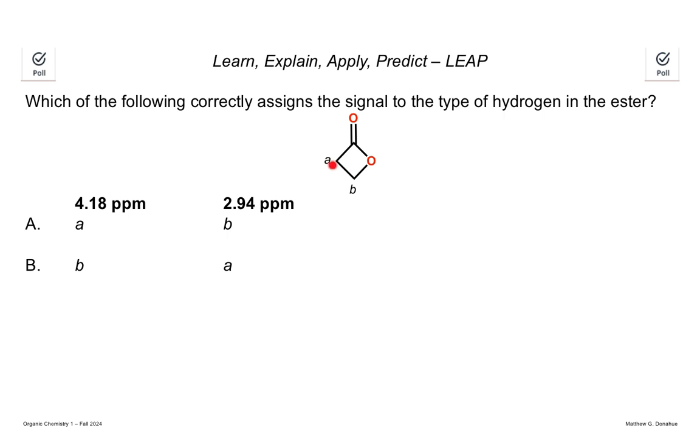So carbon A is bonded to a carbonyl group and a methylene group. B is bonded to a heteroatom oxygen and a methylene group.